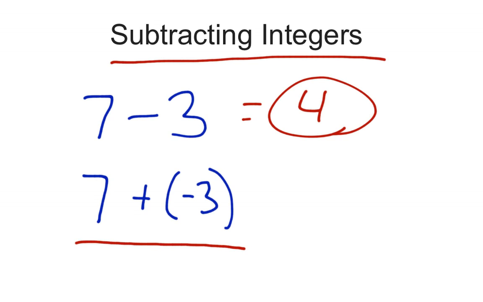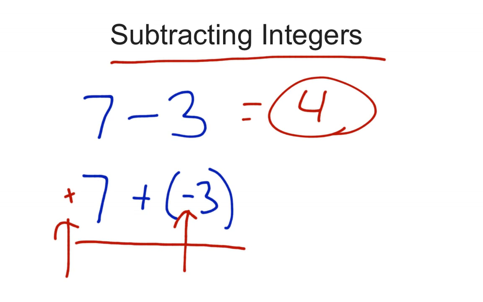So really, I don't care if it's a subtraction sign here in the middle or if it's an addition sign here in the middle. That really doesn't tell me anything. What tells me whether I'm going to add or subtract is the sign of the numbers. And since I know this is a positive 7 and that this is a negative 3, it's those signs that tell me am I supposed to add these or subtract these.